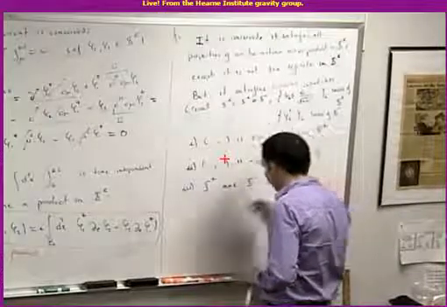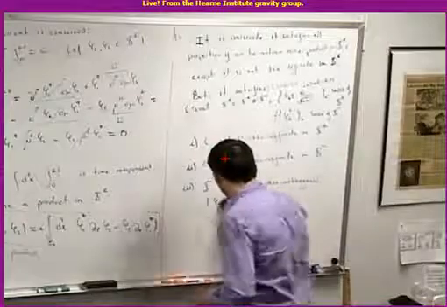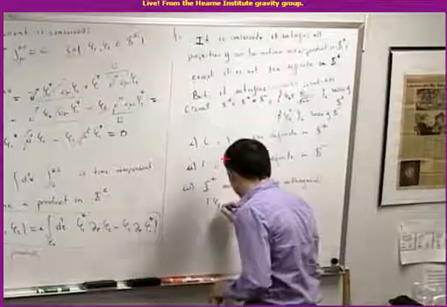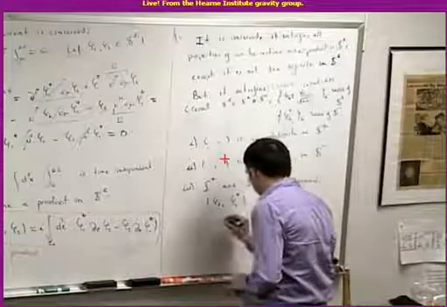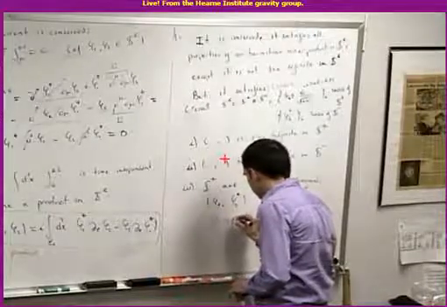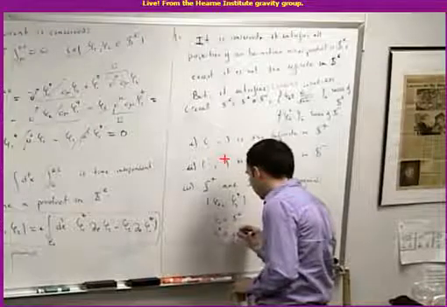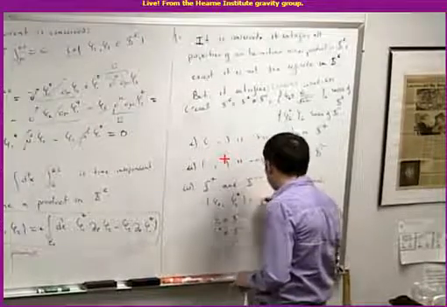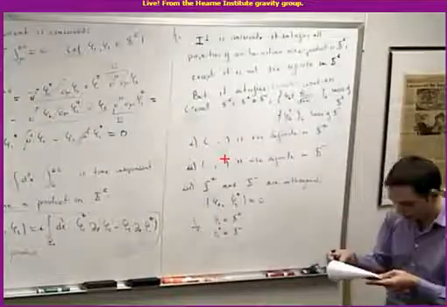So you can check that if you take the product of any element phi 1 with some element phi 2 conjugated, where phi 1 belongs to S plus and phi 2 conjugated belongs to S minus, this is always 0. So they are really orthogonal subspaces.